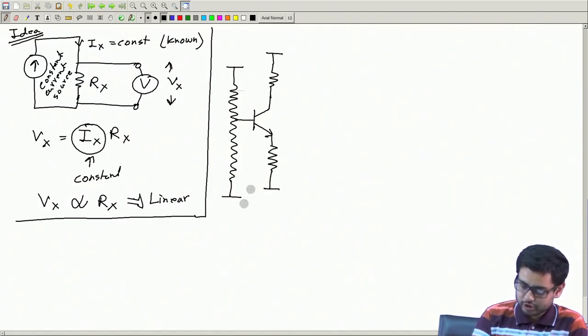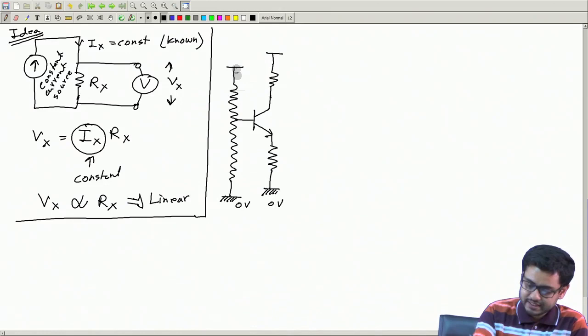where this is my transistor, and let this be my ground, 0 volt. This is nothing but a potential divider.